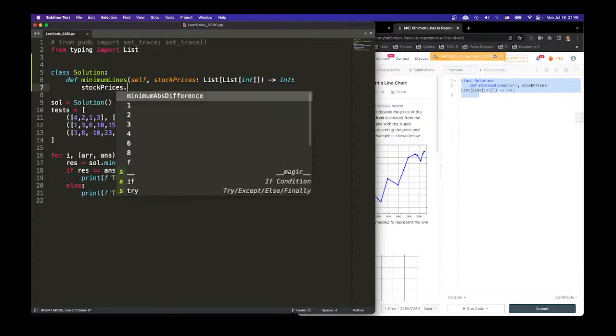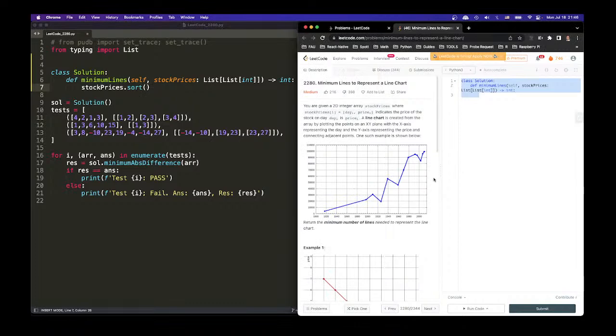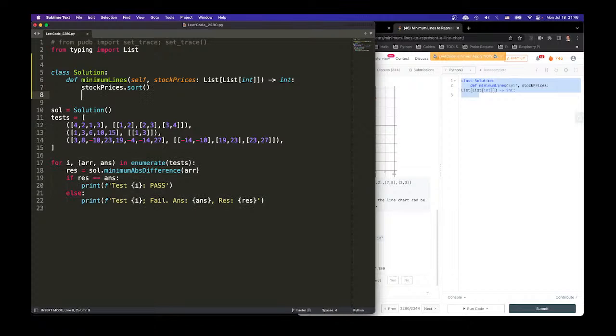So we're going to first sort. That should be fine because when we sort, the default is to sort based on the first element. So we sort it.